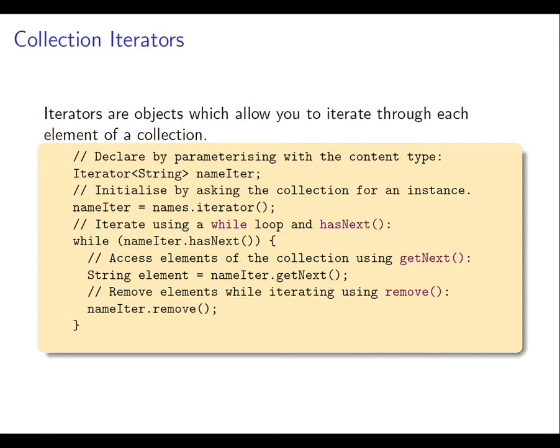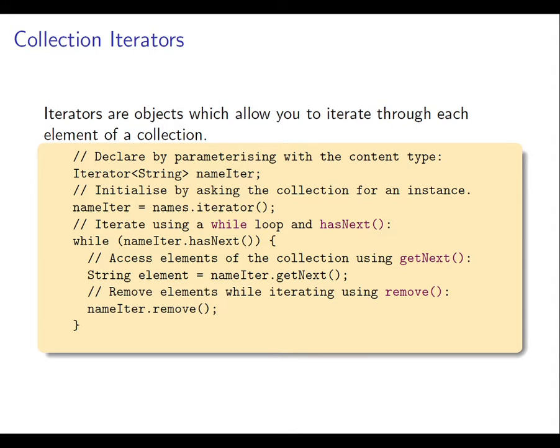You can think of it almost as a kind of flexible pointer that goes through the collection. So we can say while nameIter has next, so for as long as there are some more elements in the collection, so it's possible for the name iterator to find a next element. We ask the name iterator to get the next element, and we assign it to the local variable of type string called element.